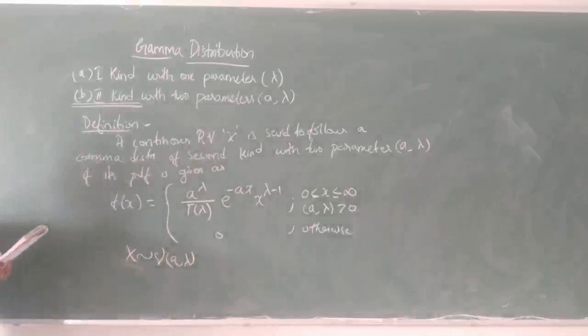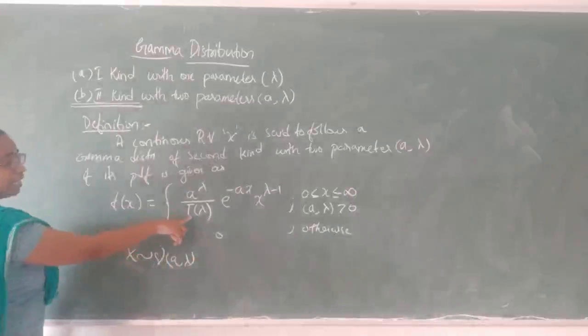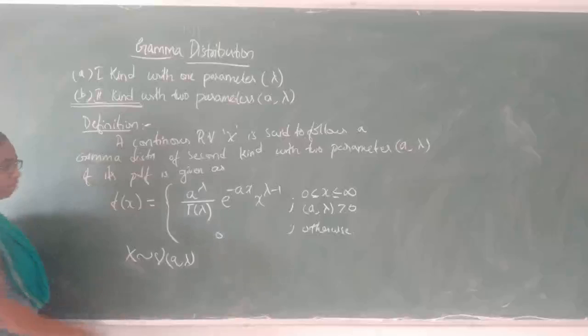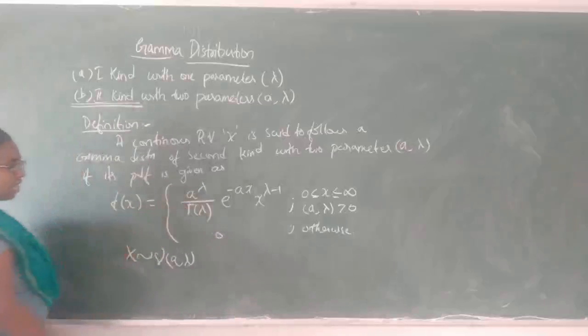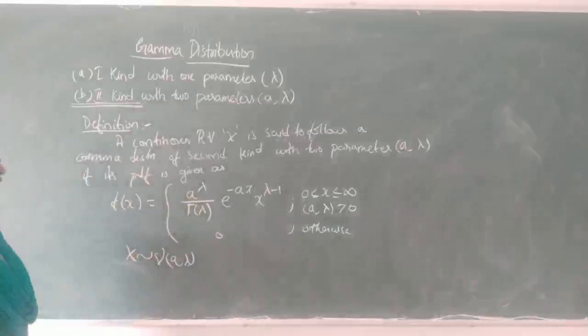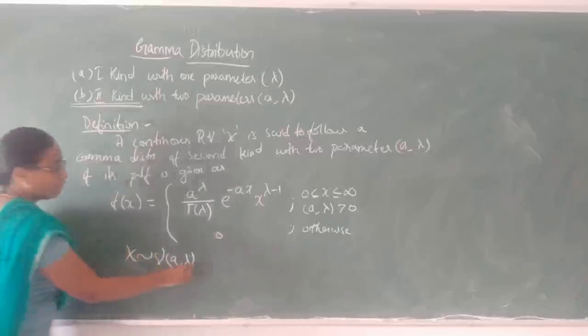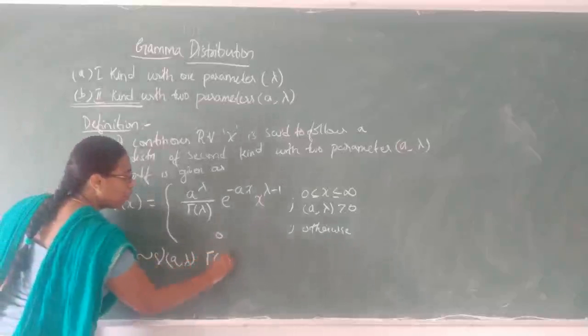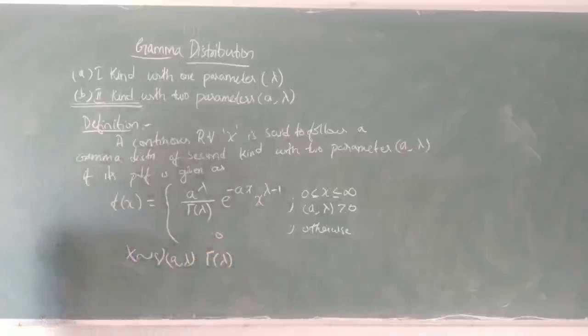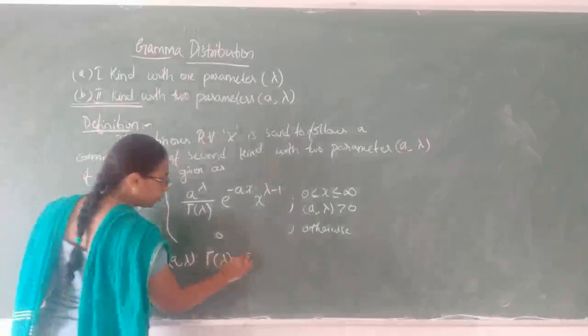Here, the gamma of lambda you have, the symbol is gamma, and this is also gamma, one is a capital letter and another is a small letter. So this gamma of lambda is called the gamma function.